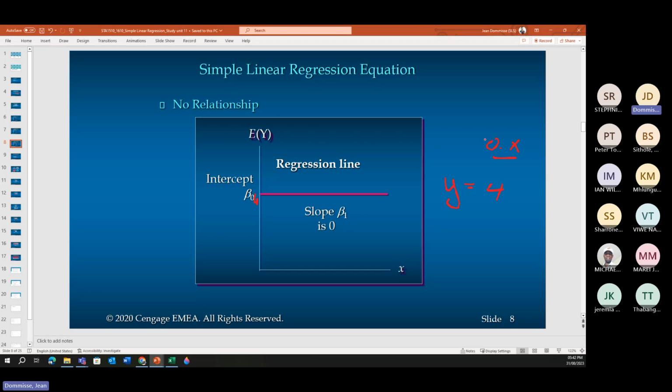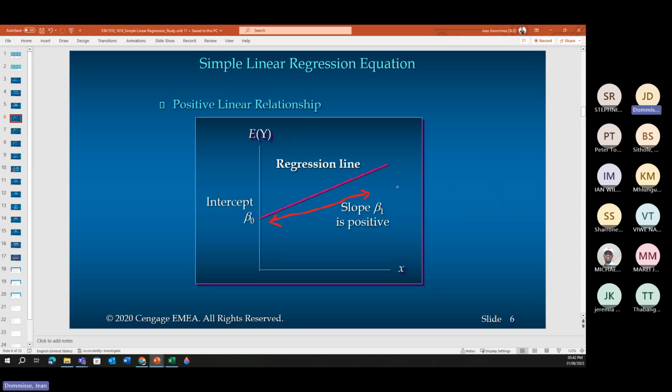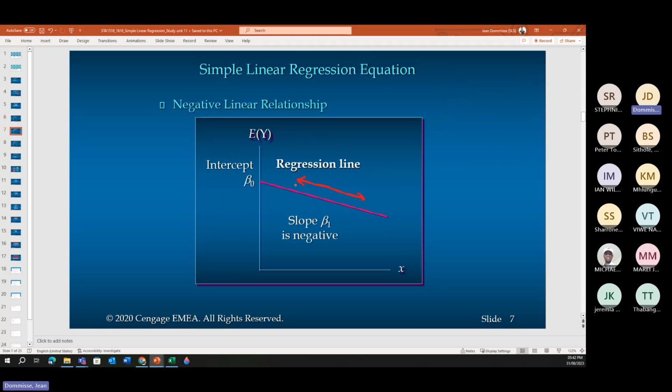So the slope, if it is a straight line, will basically fall away, so that your straight line is just the one that goes through your y-intercept. Okay, but important: that's always the positive slope, that's always the negative slope.